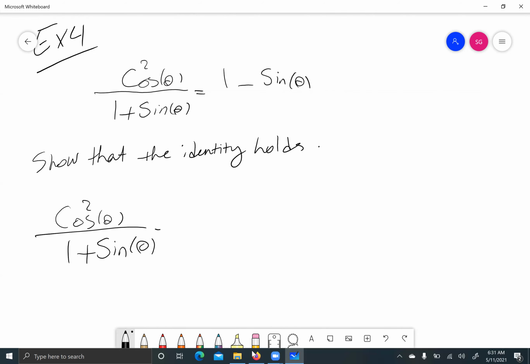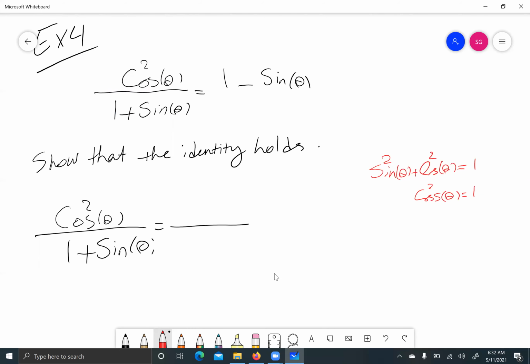I can simplify that because there is an identity, recall the fundamental identity. Do you remember that sine square plus cosine square equals 1? I'm going to use this identity here. From here, I can solve for cosine square.